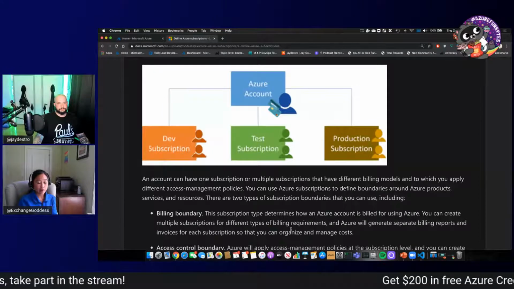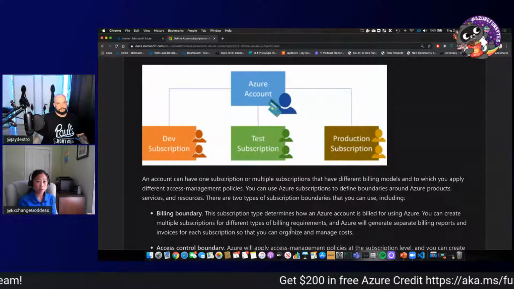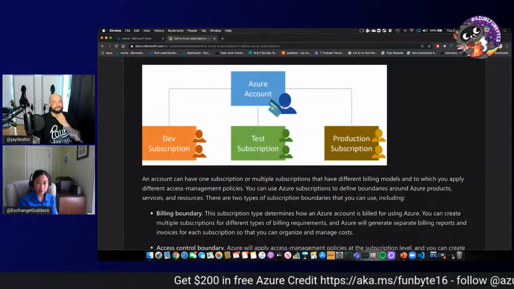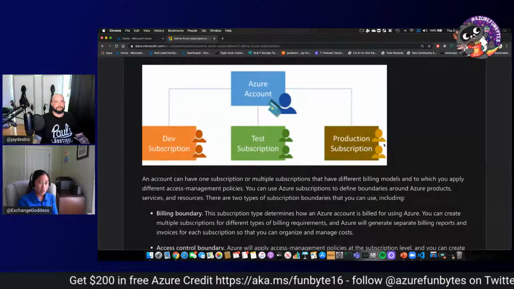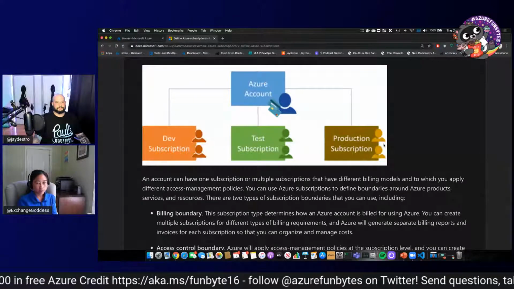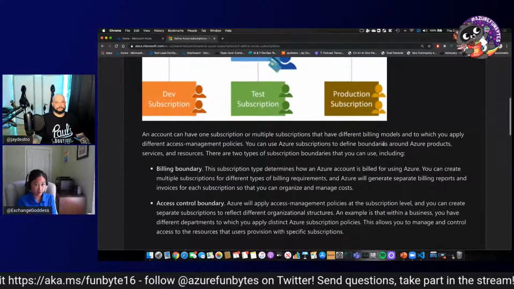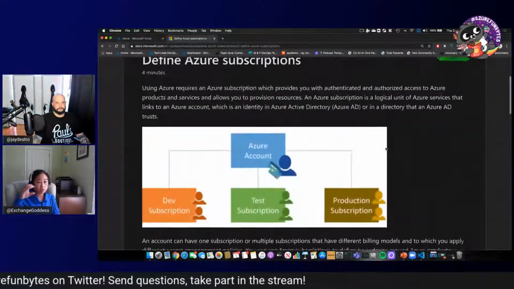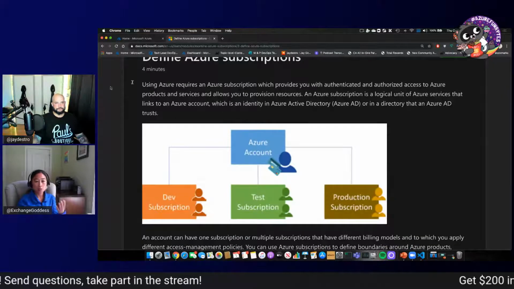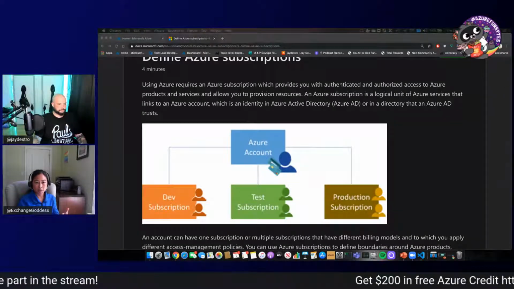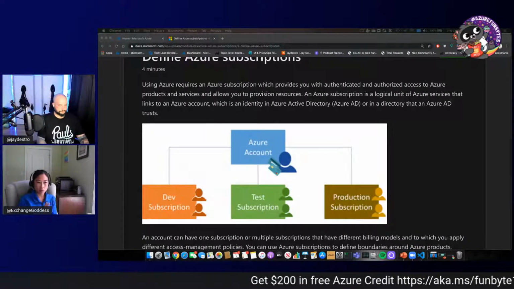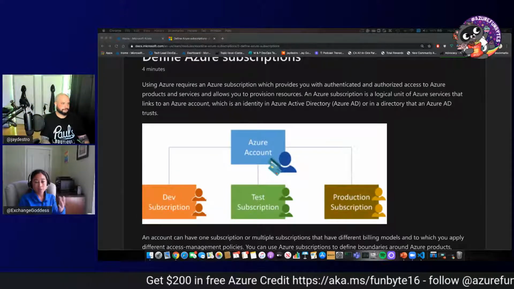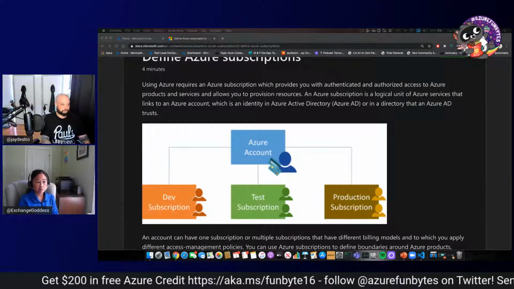If you are an enterprise, a large organization, or even a small to medium size, most likely you probably want an enterprise account. If you already have an enterprise agreement, you're going to go with an enterprise account. Your subscription model is going to be set up slightly differently than someone that is, let's say, a smaller organization, a one-person shop, or even a small mom-and-pop shop, right?